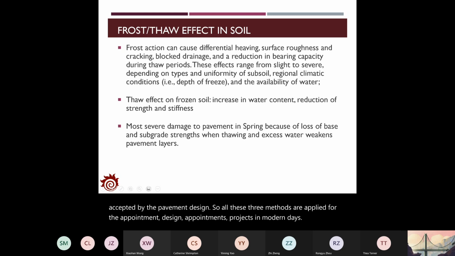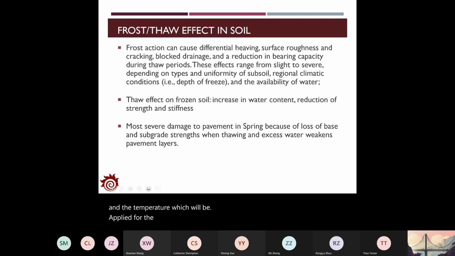And that's the second one that we wanted to learn about the subgrade soil, the swelling soil. And the other thing which is related to the soil, the other type of factor we have to consider, is the combined effect of the water contents and the temperature, which will be applied for the frost effect in soil.